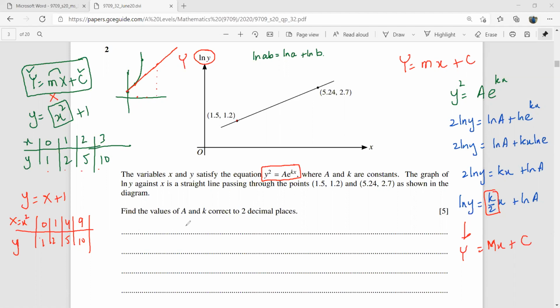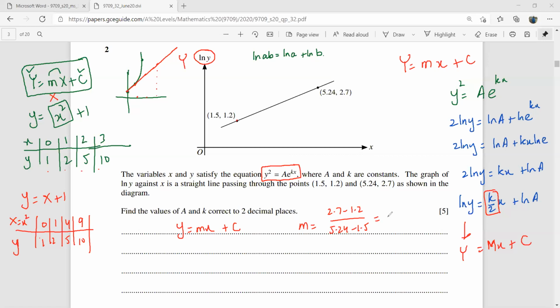So you would say, okay, sir, no problem, I have the Y is equal to mx plus c situation here. So the gradient would be y2 minus y1 over x2 minus x1. Okay, so let's find that.